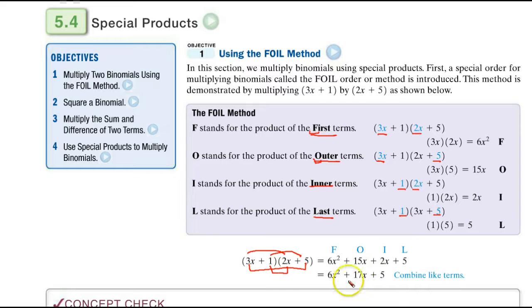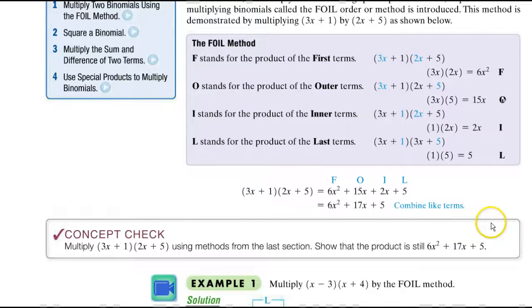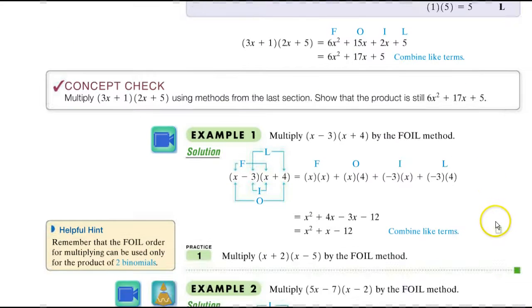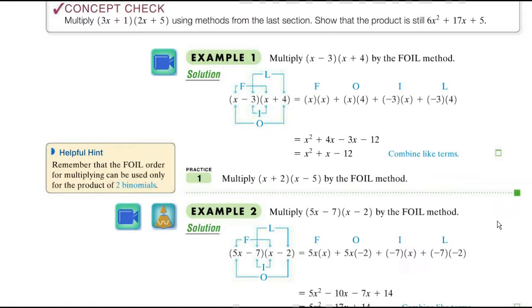And keep in mind that once you get this trinomial, later they're going to ask you to factor it back into what you have here. So we are undoing the FOIL. And they work it out very well for you and have it all detailed. So this one is done.